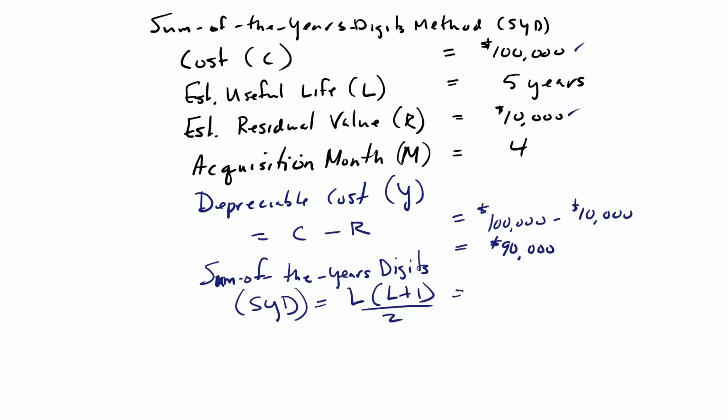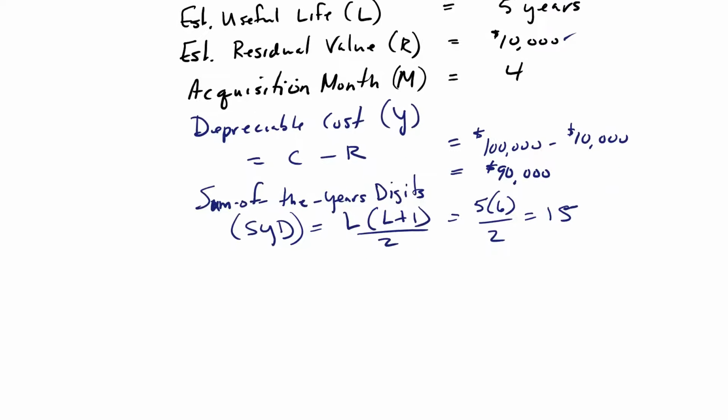So in the context of this problem, this would be 5 times 6 divided by 2. That's 30 divided by 2, which is 15. And you can verify that that is the same as 5 plus 4 plus 3 plus 2 plus 1.